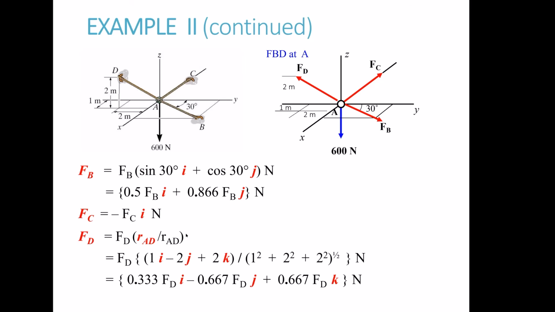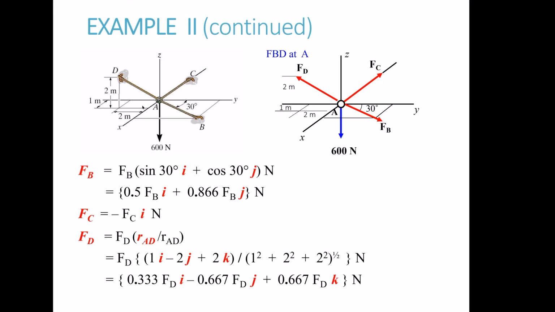All right, the third one, now this is the part that's a little bit different. We need to create a unit vector, right? We need to come up with its direction, those i, j, and k components. All right, so we can do that. We look at it in terms of where it actually is. In the x direction, it's going to be 1.